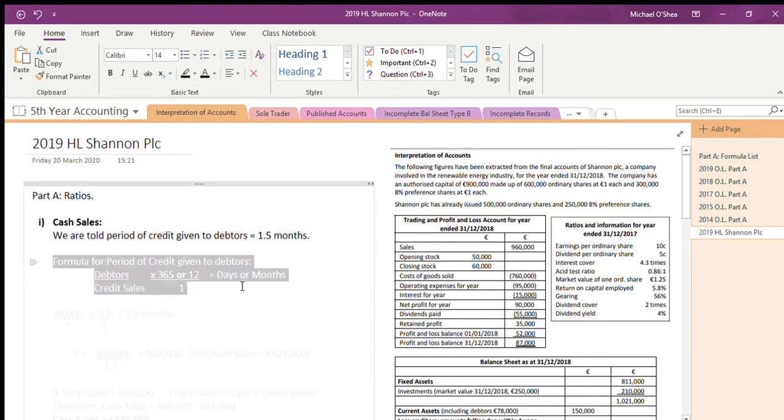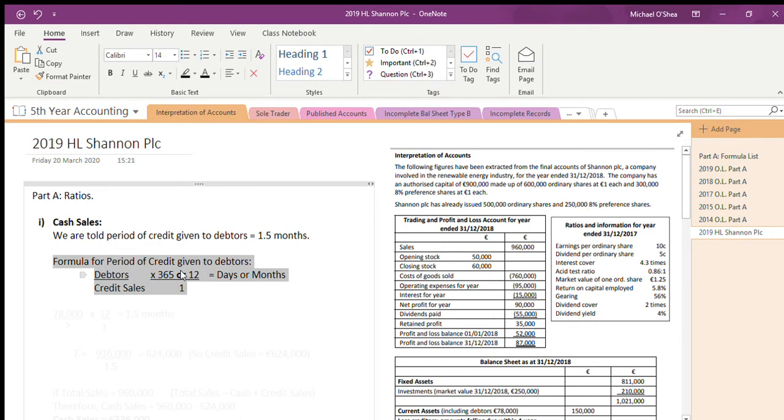If you look at this formula a little closely, it's telling us how much our period of credit is for debtors, and we know that answer. It's 1.5 months. We're also able to put in debtors, and we know this as well. So once we've done out this formula, it's going to give us credit sales. Once we have credit sales and total sales, we should be able to find cash sales.